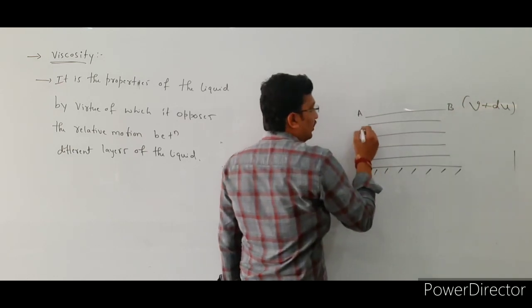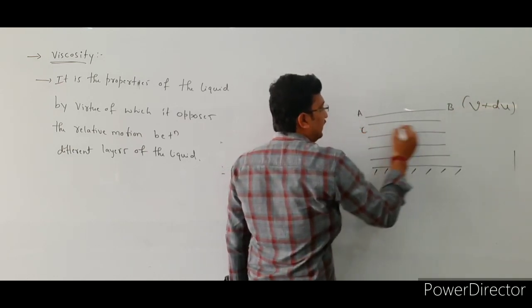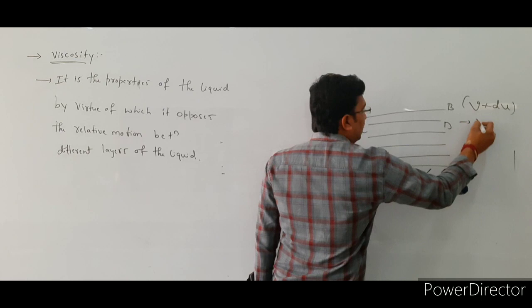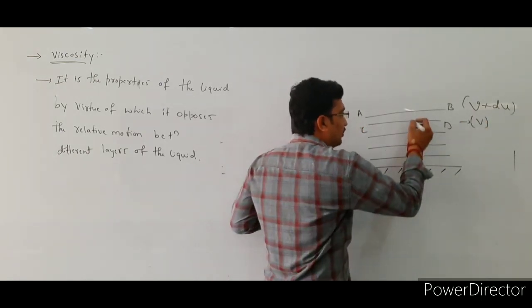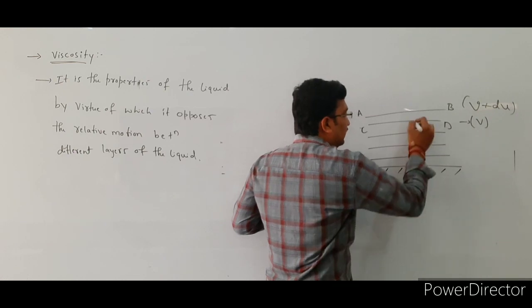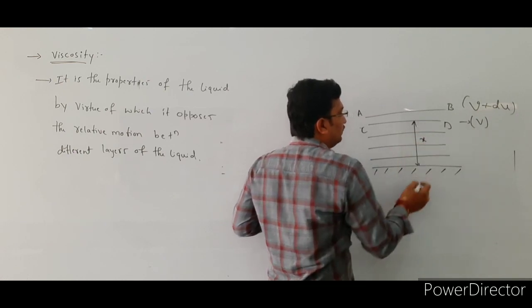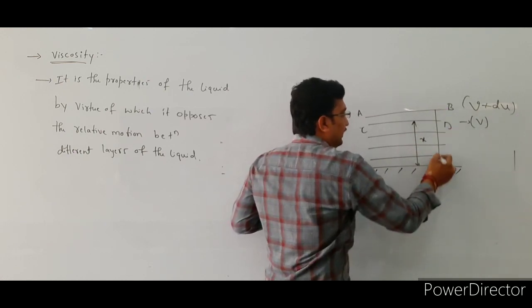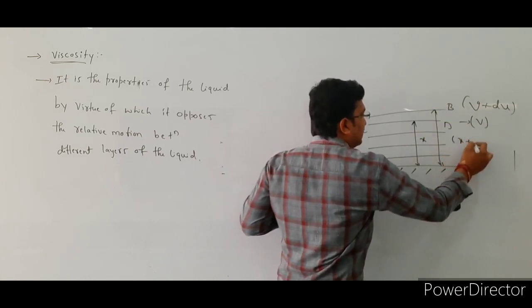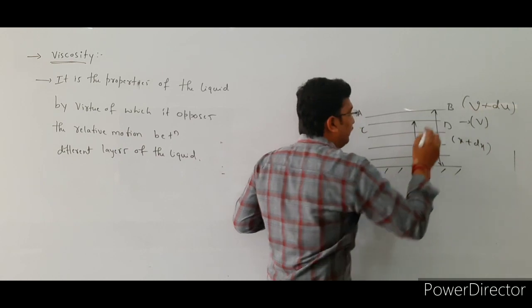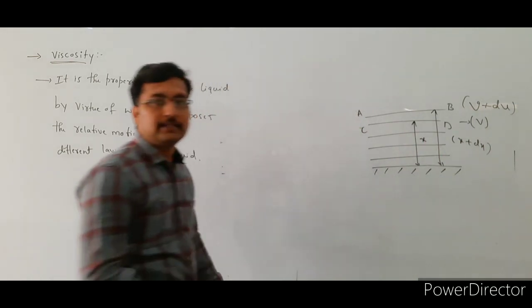We consider one more layer, CD, moving with a speed V. The height of the CD layer from the horizontal surface is x, and the distance of the AB layer from the horizontal surface is x plus dx.